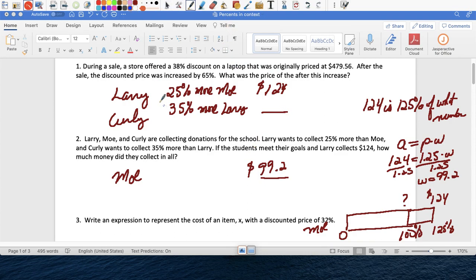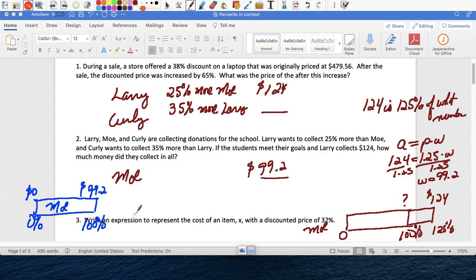Okay. Now I'm going to do this problem. I'm going to add an extra step here. Let's take two steps back. Let's pretend Mo had $99.20, and that's 100%.